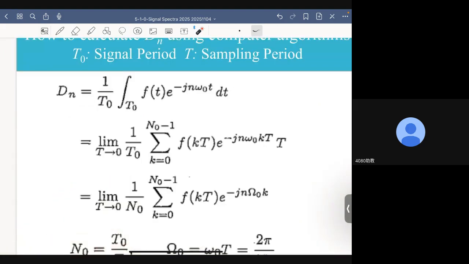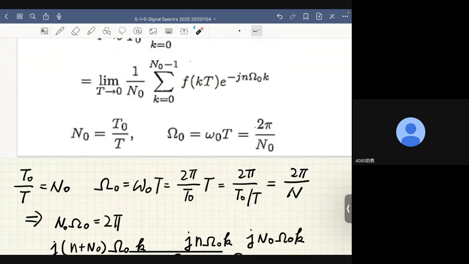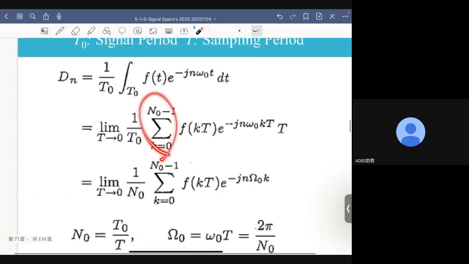And then I will go ahead and perform the sampling operations. So let me take the sampling values of f for each sampling point, starting from k equal to 0, all the way up to N0 minus 1. The reason we need to stop at N0 minus 1 is that we only have N0 sampling points for one signal period, okay?